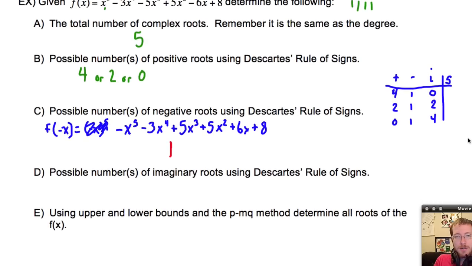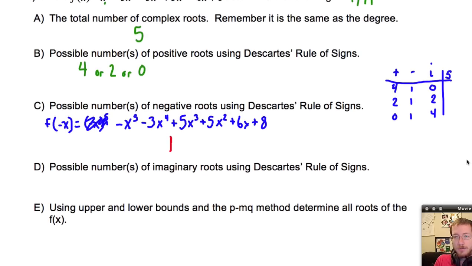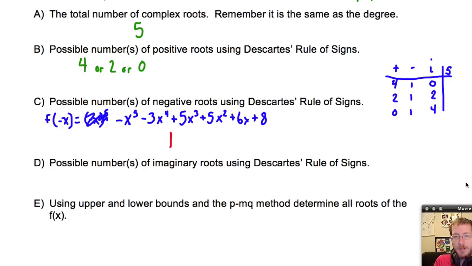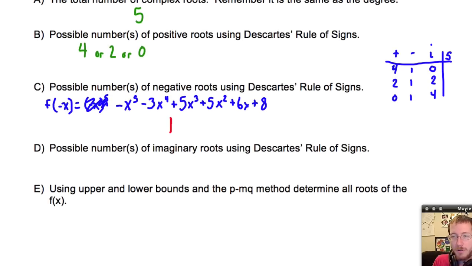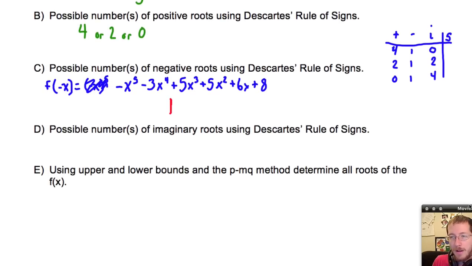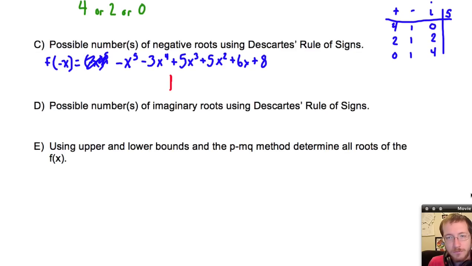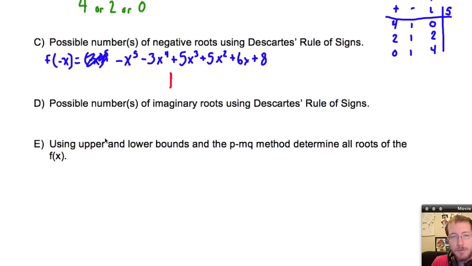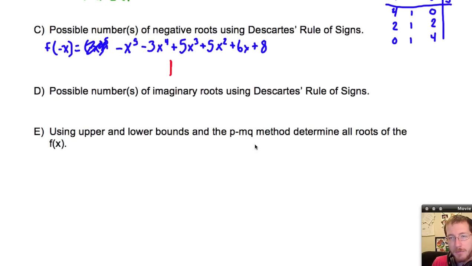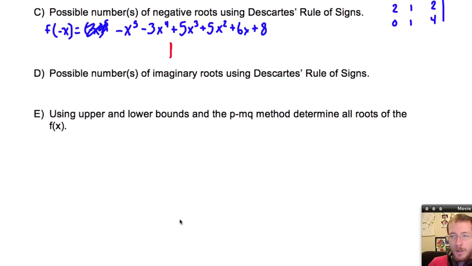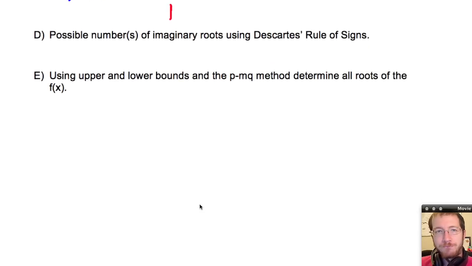Okay, part E. Using upper and lower bounds and the P plus Q method, determine all roots of f of x. Okay, we're going to skip the bounds part, and we're going to go straight to the P plus Q method. So, let's start off.